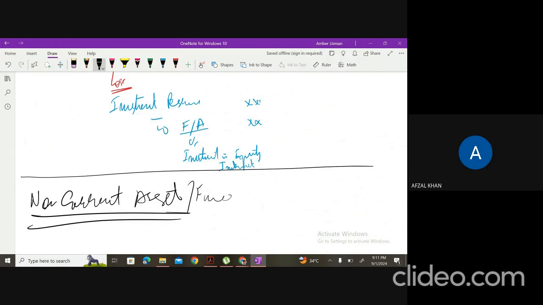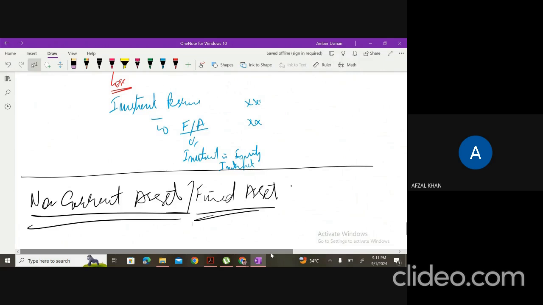Non-current assets are like depreciation, sir. Can anyone tell me what are non-current assets or fixed assets? Depreciation, non-current asset. Depreciation is non-current asset. Fixed assets is our plant, machinery, other fixed asset.